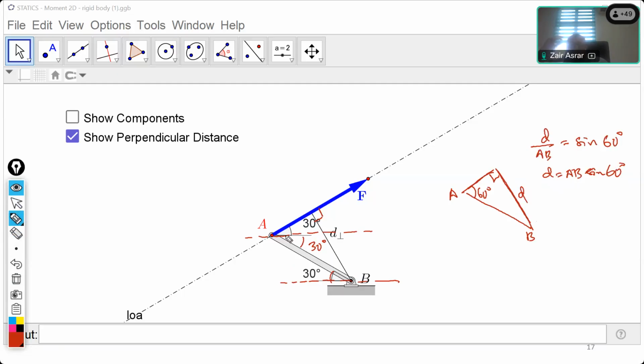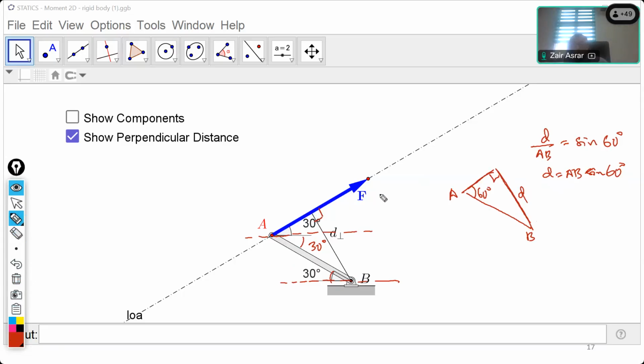If we want to use the component of force to solve this problem, how do we do that? Again, we can resolve this force along the x and y axes.